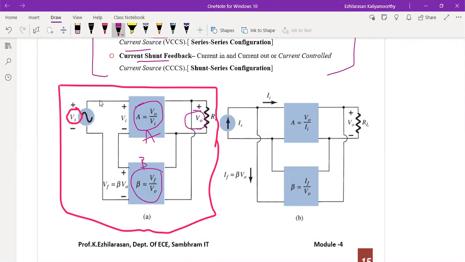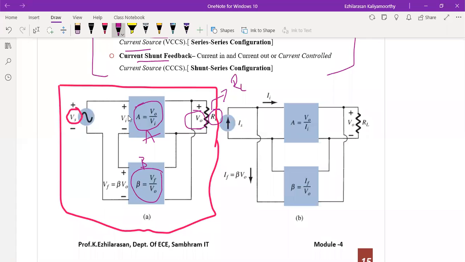Now the input is connected to a source Vs. See how the same diagram is just modified and redrawn. At the output we connected a resistance, which is the load resistance, with positive and negative terminals. It is connected to beta.